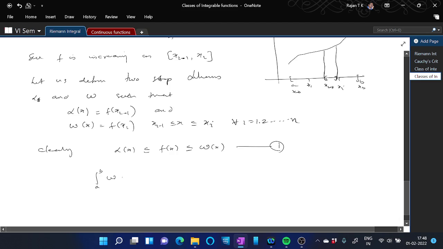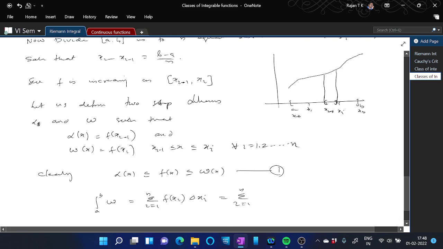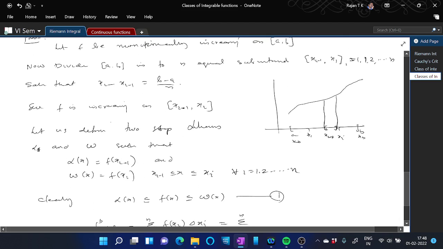Integral a to b of omega equals, by the definition, sigma i equal to 1 to n of f of x_i, omega it is f of x_i delta x_i, i equal to 1 to n, which is equal to sigma i equal to 1 to n, and delta x_i we have taken as (b minus a) divided by n. This is actually delta x_i.